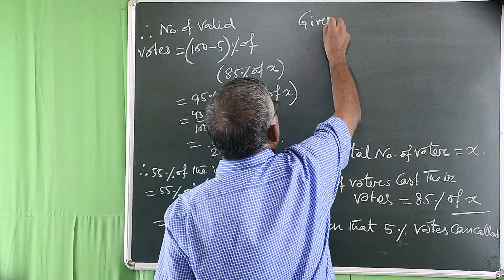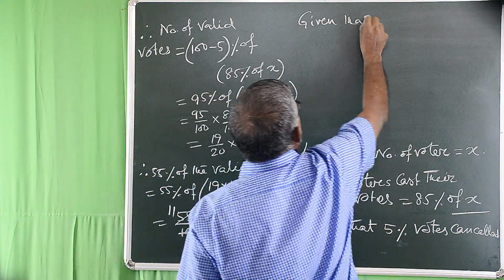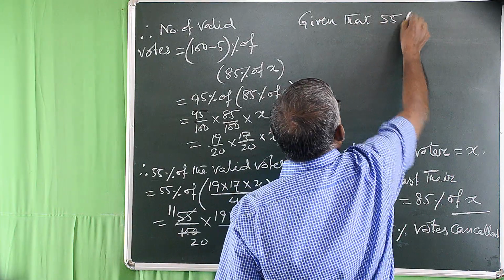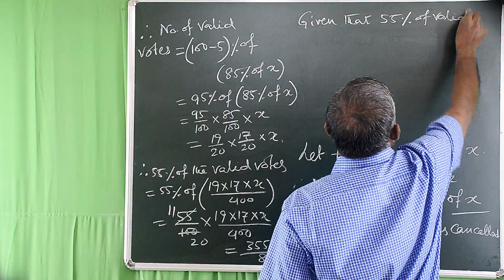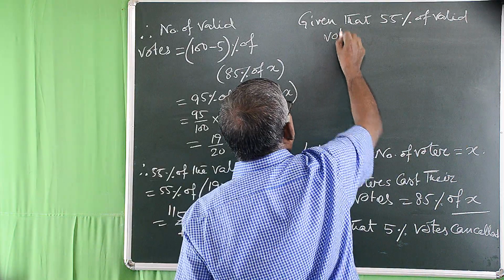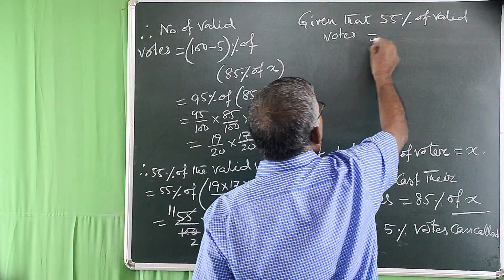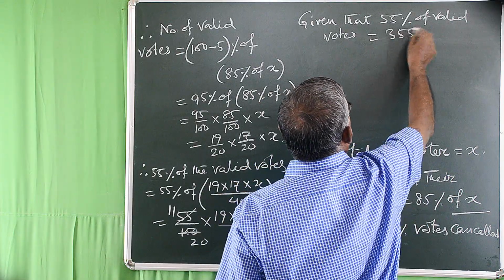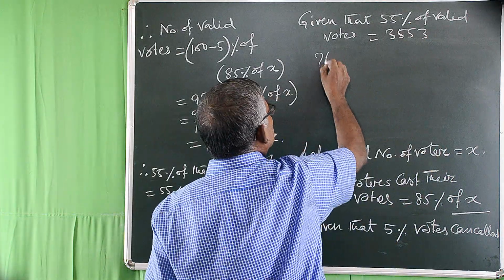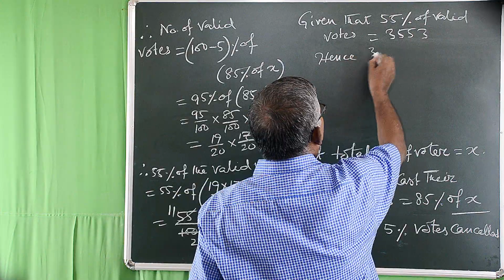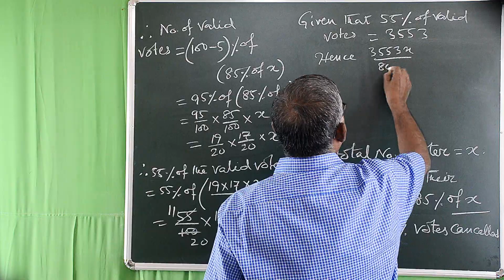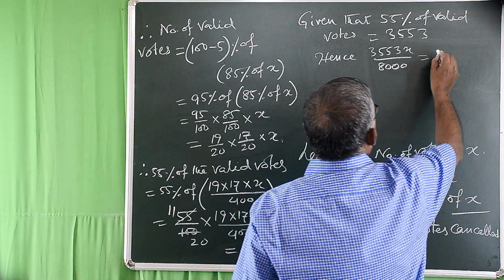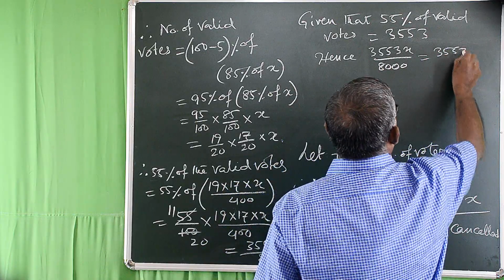Given that 55% of valid votes equal 3553, hence 3553x by 8000 equals 3553.